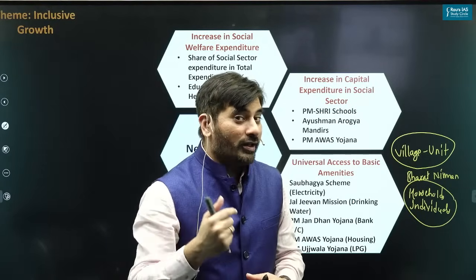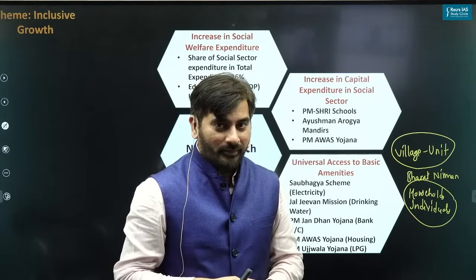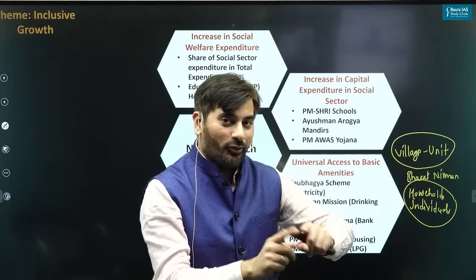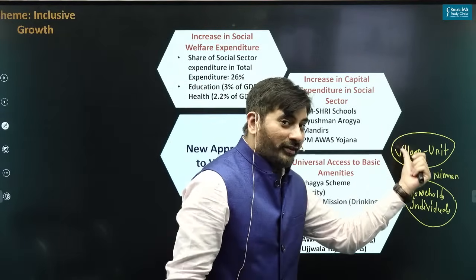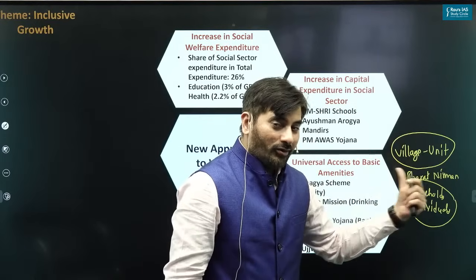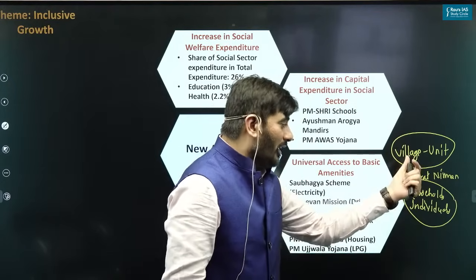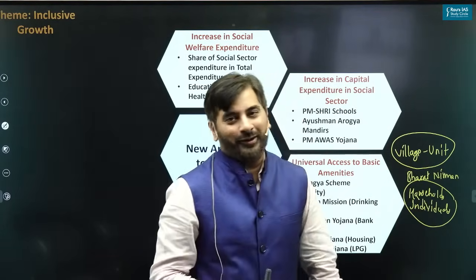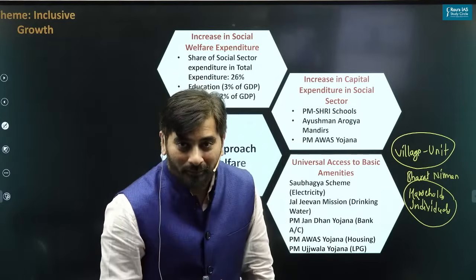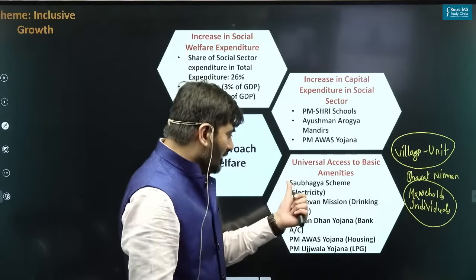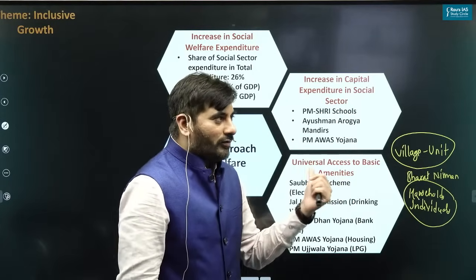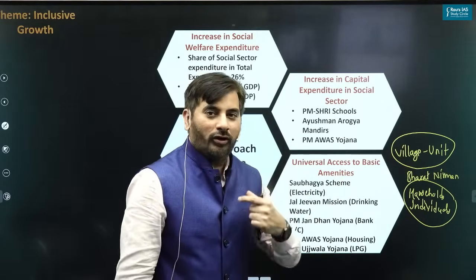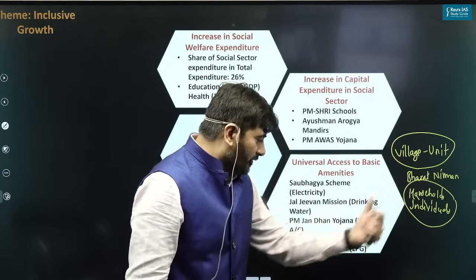So how the government has changed its approach now? Like I said, earlier approach was considering the village as a unit, but now the government is considering the household or the individual as a unit in order to provide for welfare services. How? Just look at this. Saubhagya scheme provides for electrification of the households.